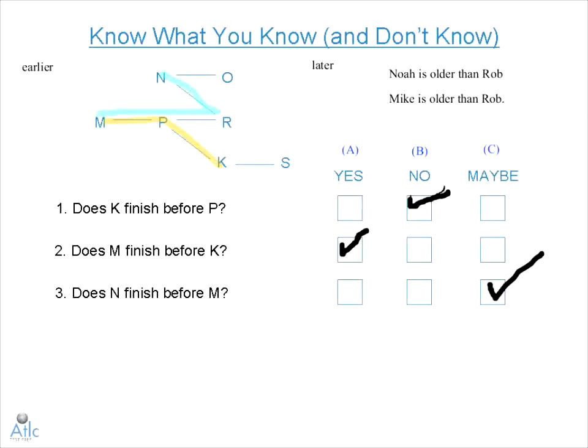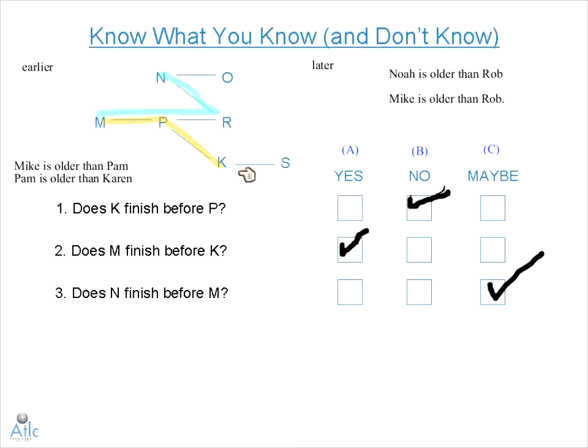That would be as if I said, Mike is older than Pam, and Pam is older than Karen. In which case, we would know that Mike is older than Karen. So zigzags are going to be maybes. Left to rights, we're going to know the relative order.